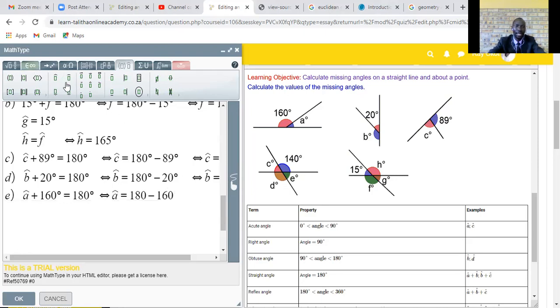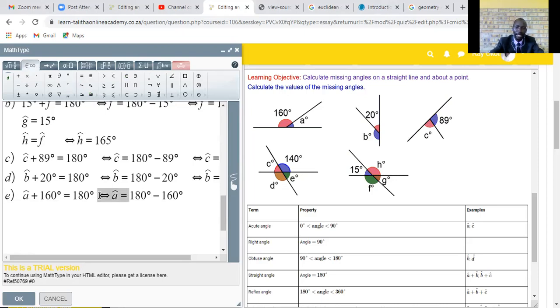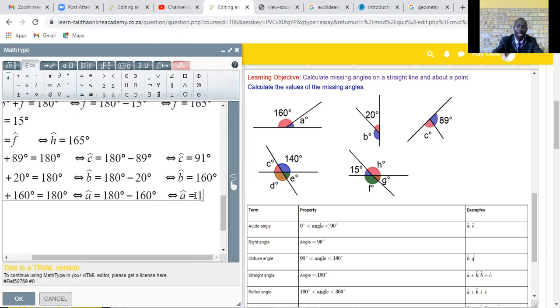And when we do that, we will be able to isolate angle A on the left-hand side. And 180 minus 160 gives us the value of what? The value of 20 degrees. And so we can go ahead in the next step and conclude that angle A is going to be 20 degrees.